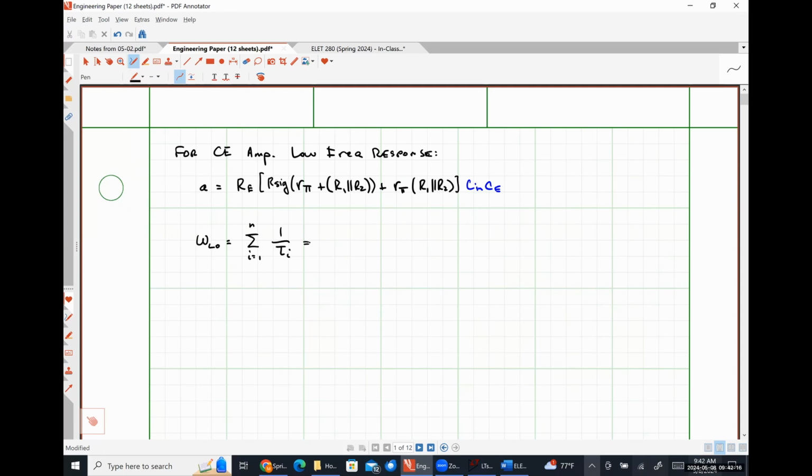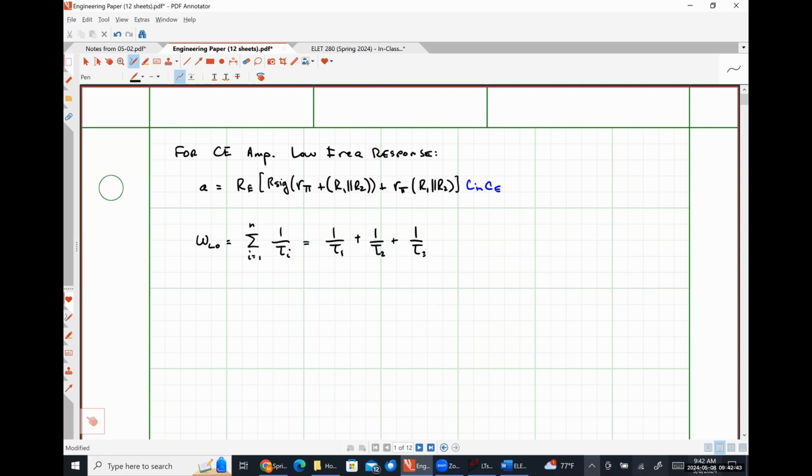So because there are 3 capacitors, it'll be 1 over tau 1 plus 1 over tau 2 plus 1 over tau 3. I think I originally gave it to you as just the sum of the time constants, not the sum of the reciprocals. The sum of the time constants is obviously just going to be some amount of time, not a frequency. So you use the reciprocals for frequency.